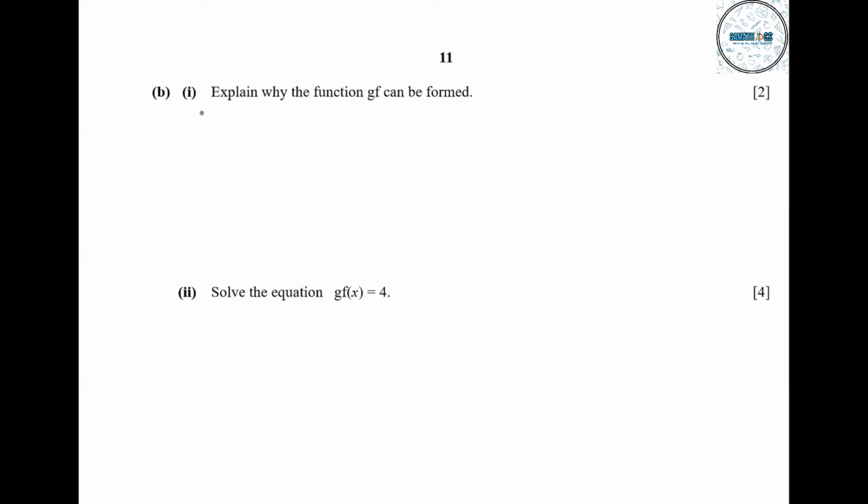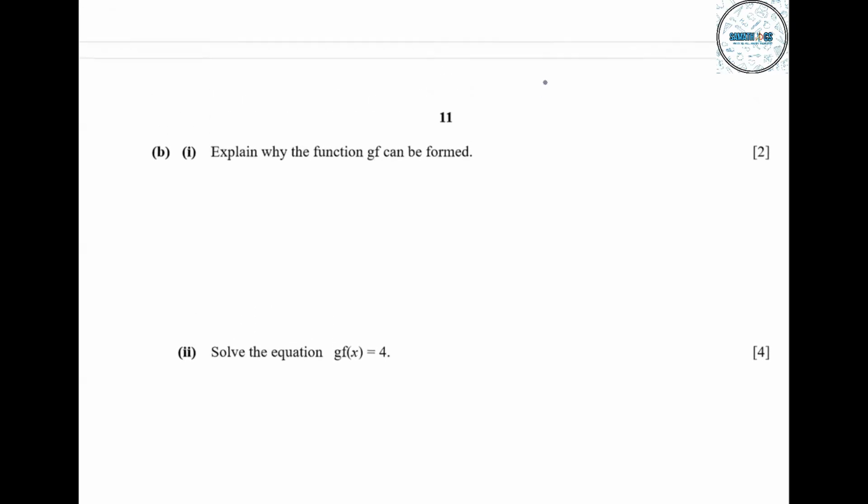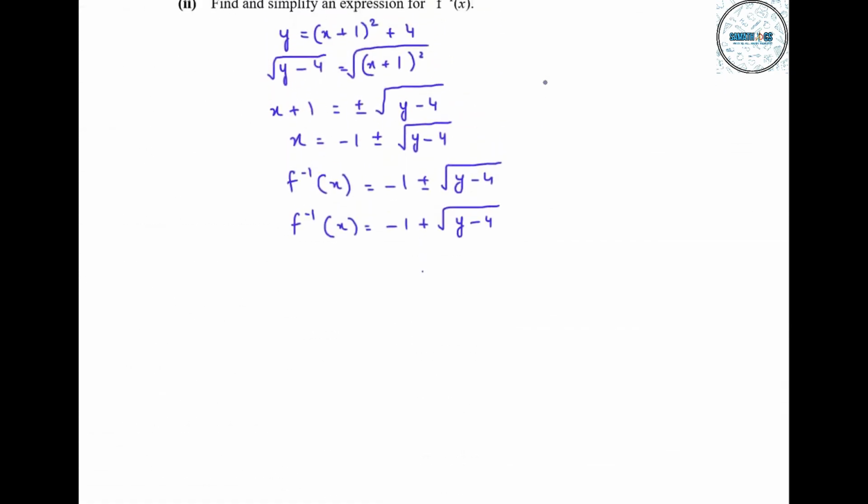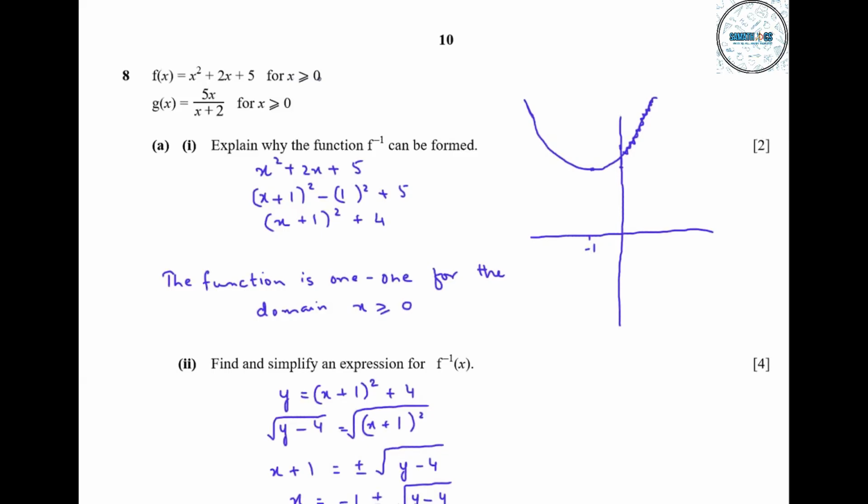Part B, Part 1. Explain why the function gf can be formed. For this, we need to find out the range of function f. If we'll substitute 0 over here, then we will be left with 5.